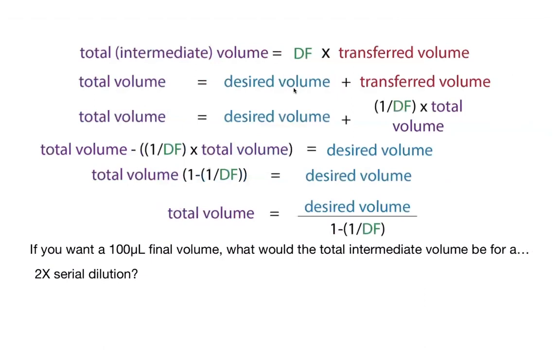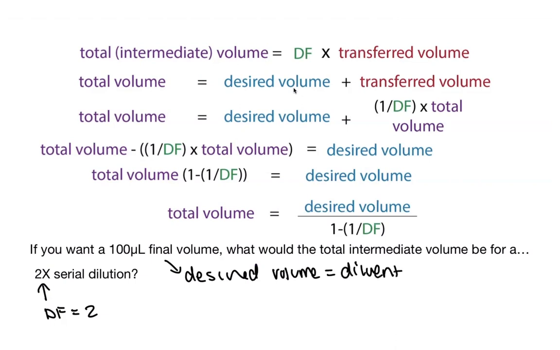So in our example, we have a 2x serial dilution, so our dilution factor is equal to 2. And we want 100 microliters final volume. That's our desired volume, and that's also equal to our diluent volume, which equals 100 microliters.